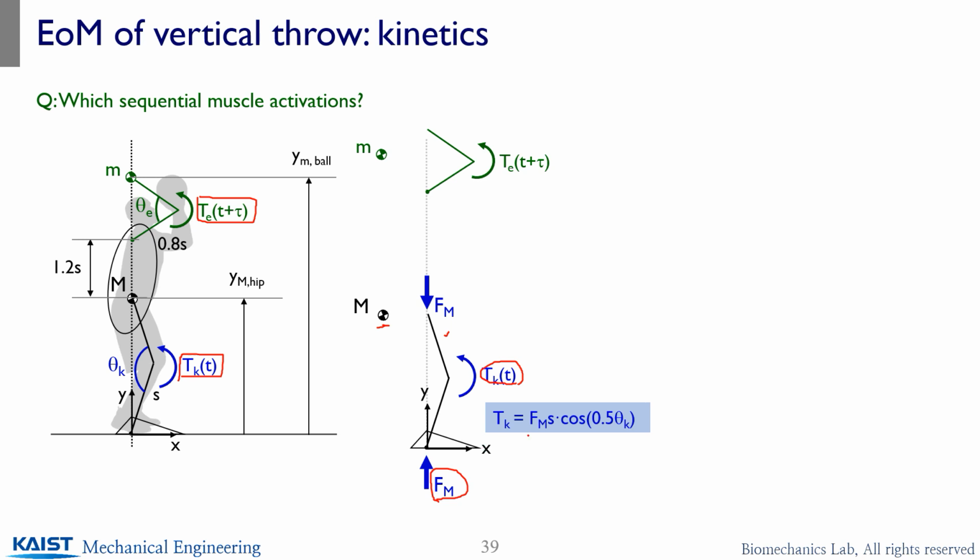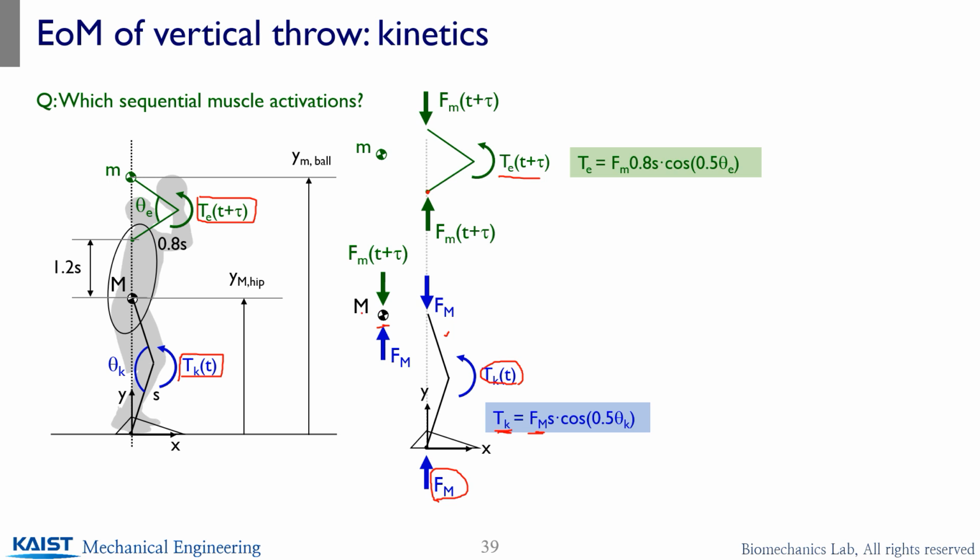So your ground reaction force is going to be a function of the knee joint torque. The same goes for the arm: the massless arm has a joint force at the shoulder that is a function of the elbow torque. And those forces are also applied to the capital mass M and the small ball mass m.